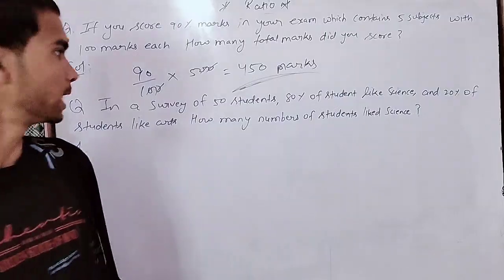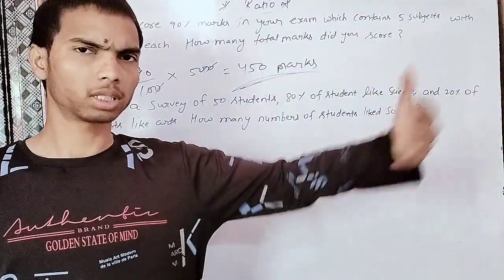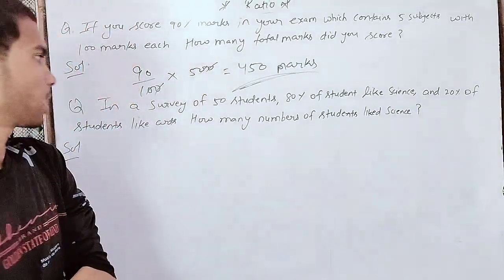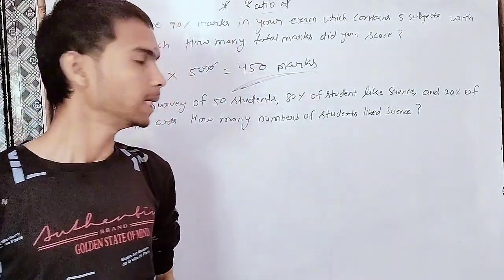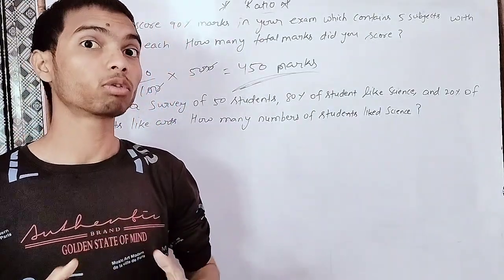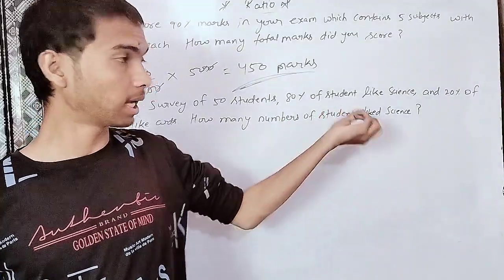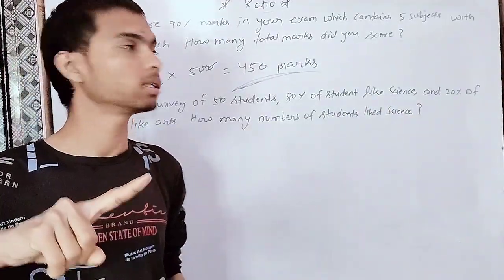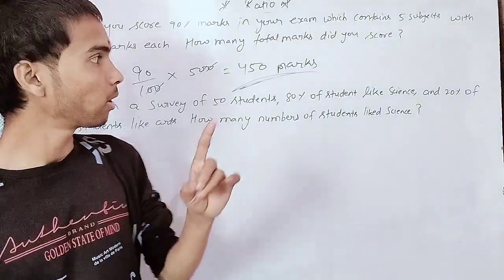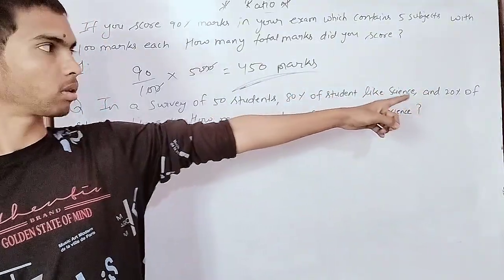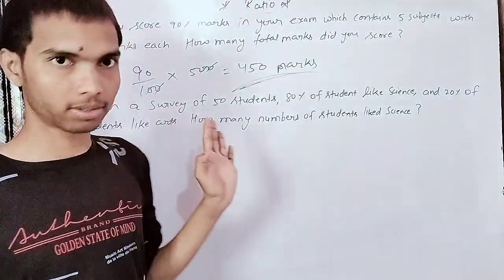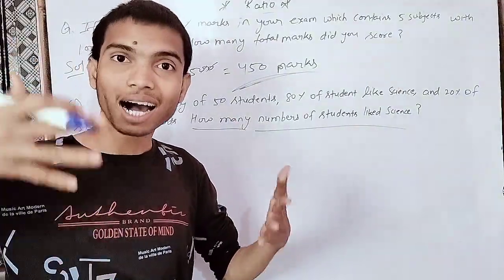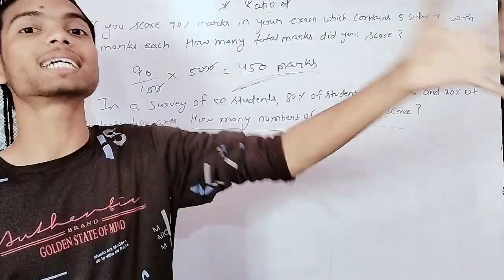Now read it. In a survey of 50 students, 80% like science, whereas 20% like arts. Now the question is asking how many students like science.